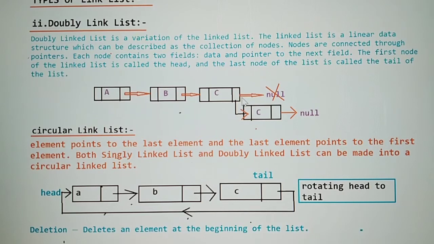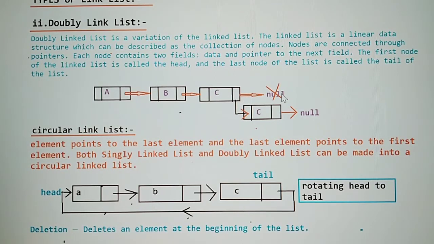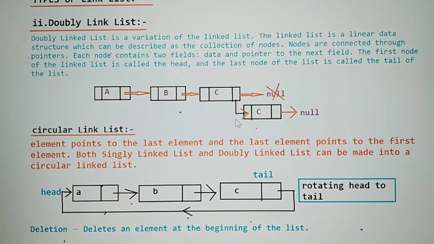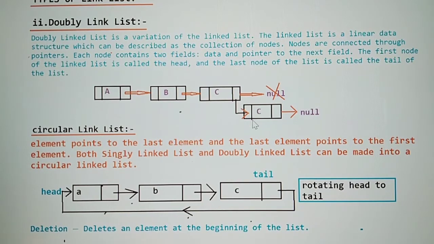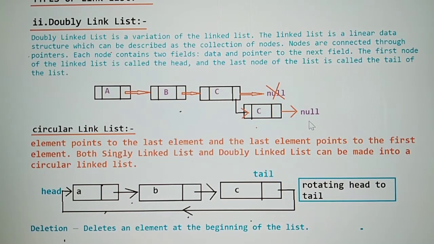In a doubly linked list, when we come to the last node, it cannot directly go to null. So the computer created an extra node, the same extra node here, which is the main characteristic of a doubly linked list. So we made the extra C node, and then you can see that it goes to null. So that is all of the doubly linked list.